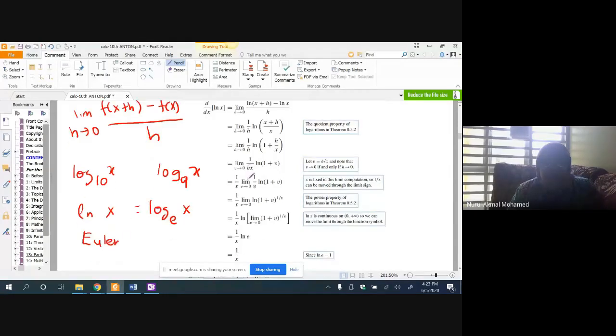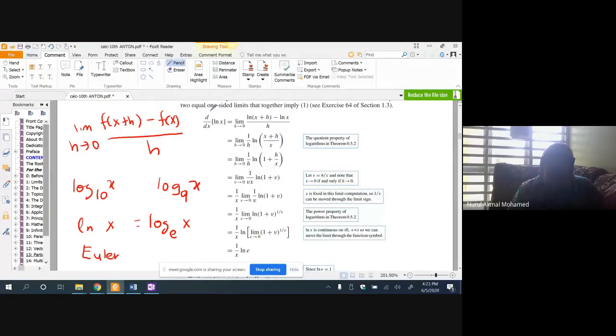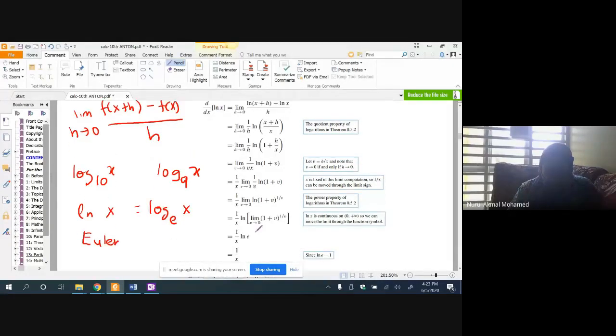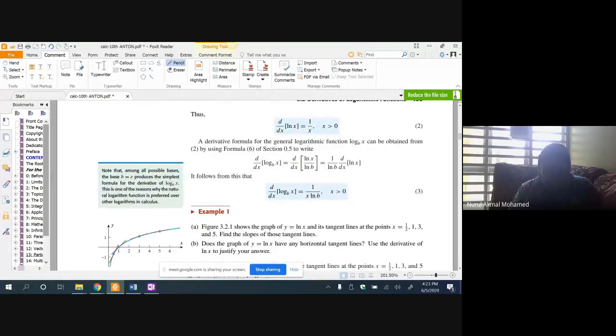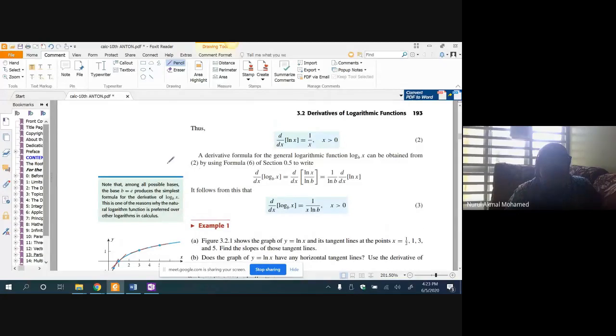From this first definition, the derivative of ln x is equal to 1 over x, for x greater than 0. Why x greater than 0? Because ln x is always defined for the positive side only, for the right hand side of x equal to 0.